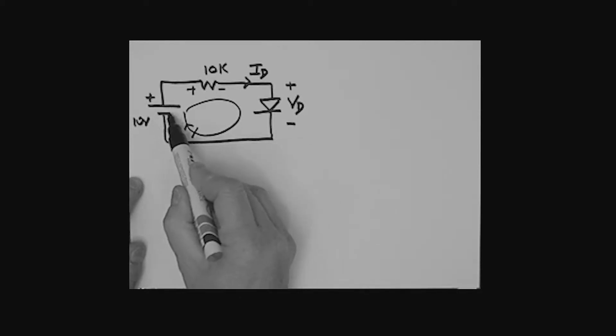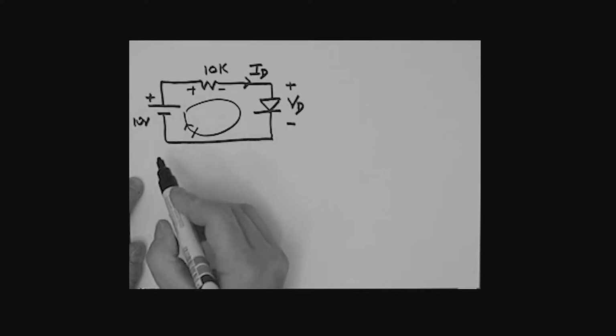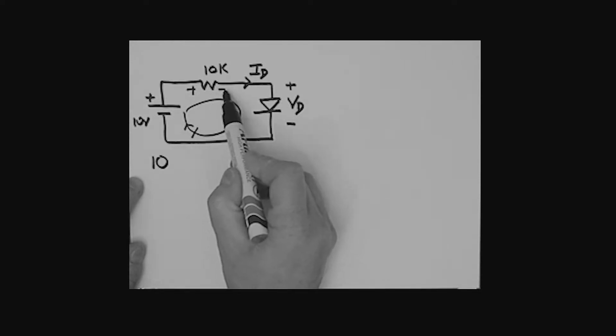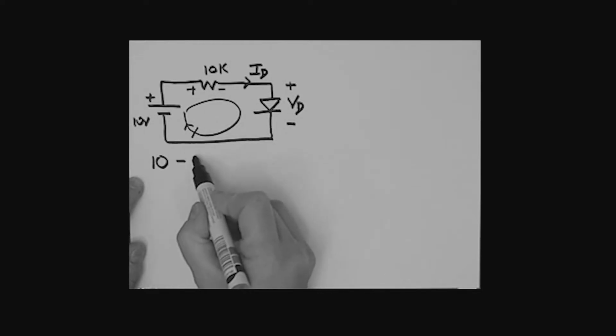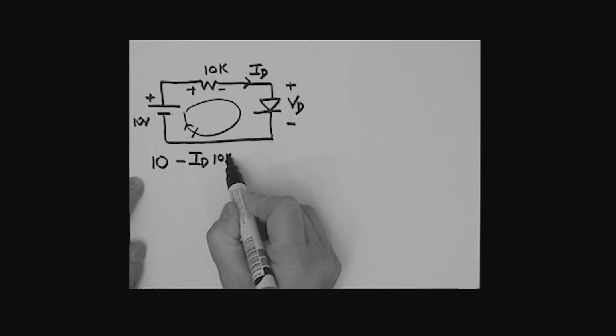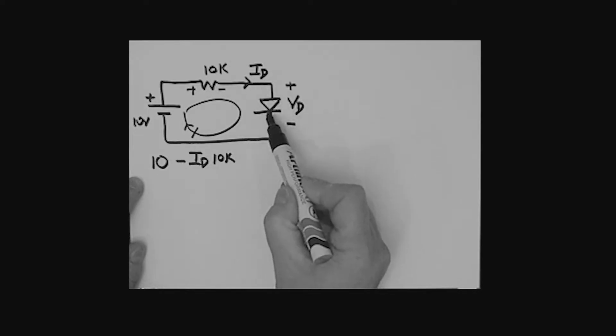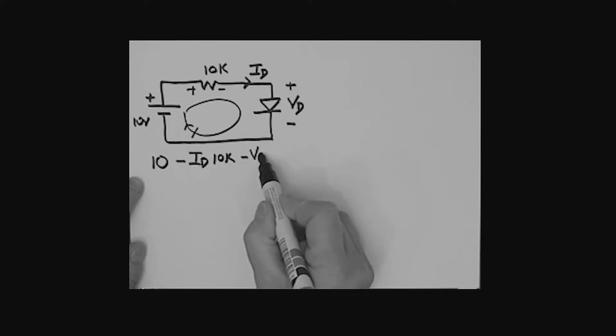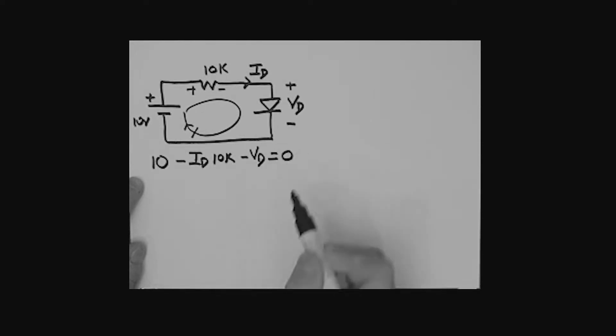Start here. I come to the source, going from a minus to a plus, that's 10 volts. From a plus to a minus, that is a minus ID times 10K. Continuing round the loop, I have now my plus to a minus, that's a minus VD, all equals 0.